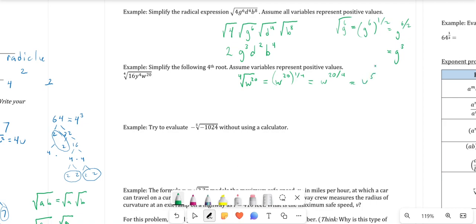And so we see all we have to really do is divide the exponent by 4 to distribute the radical against it. 16, right, is actually 2 to the 4th power. So those will cancel. The fourth root of y to the 4th also cancels, right? 4 times 1/4 is 1. So here I just get 2, here I just get y, and we just saw that the fourth root of w to the 20 is w to the 5.